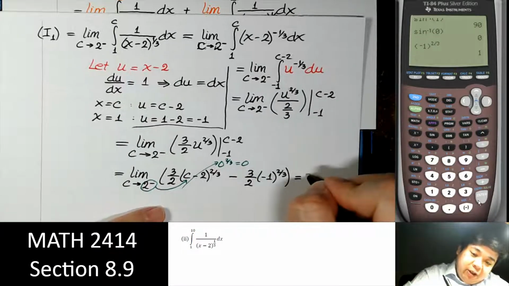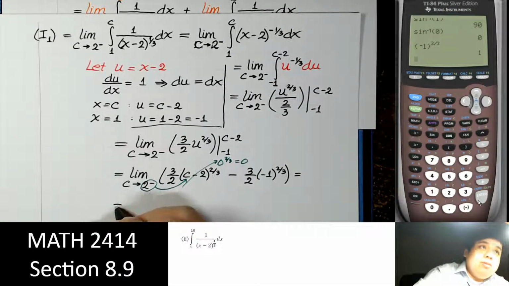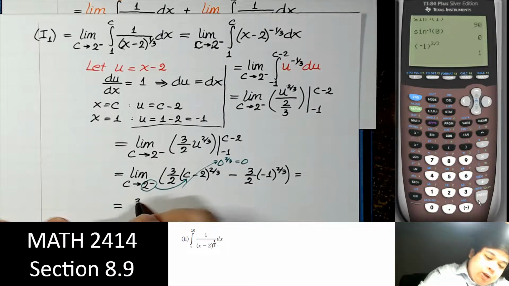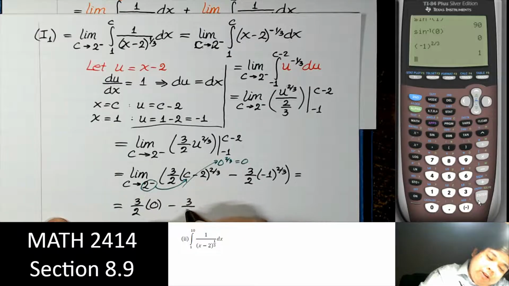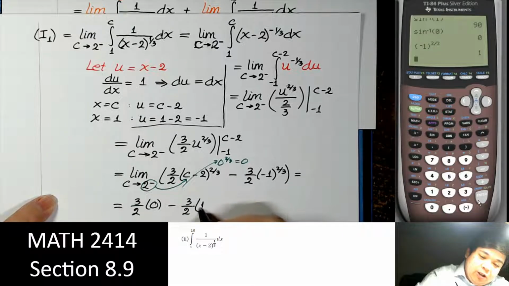So we have three halves times 0 minus 3 halves times 1. So it's minus 3 halves.